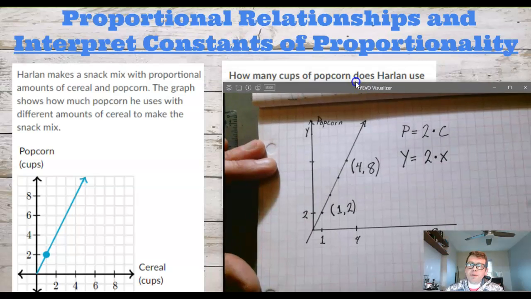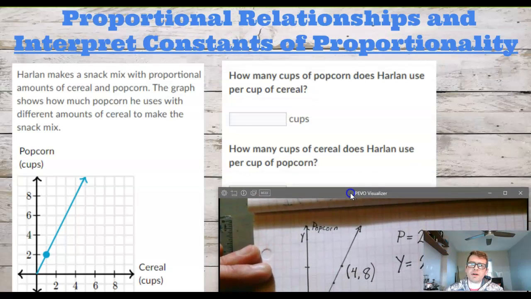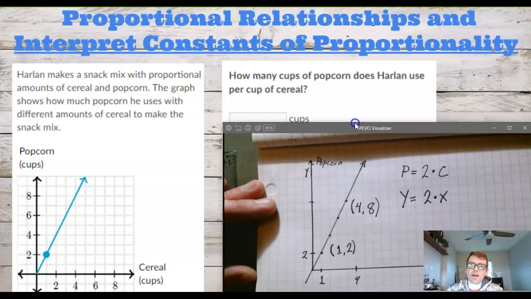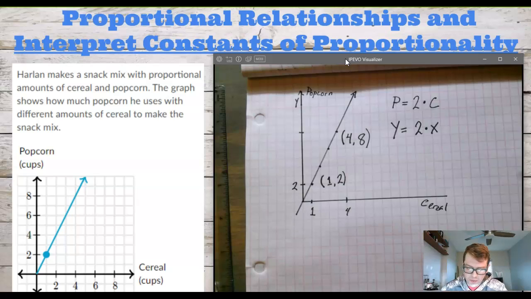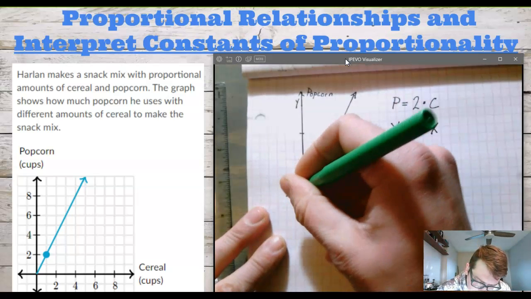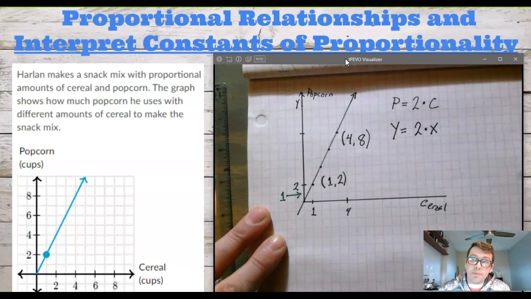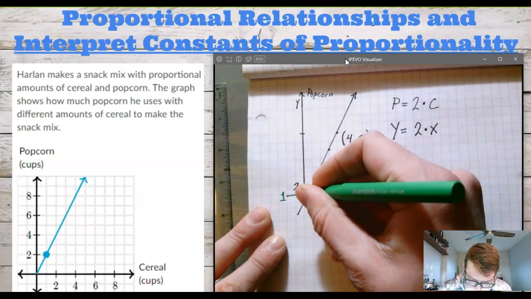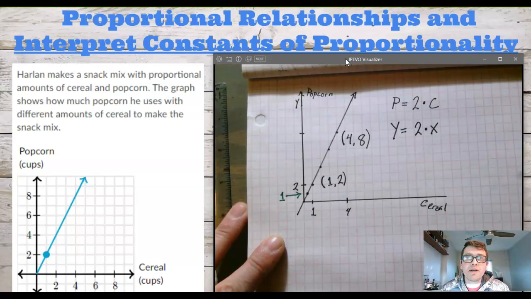But then part B asked us how many cups of cereal does Harlan use per 1 cup of popcorn? So now we're looking at 1 cup of popcorn. 1 cup of popcorn would be right here. Can anyone volunteer to tell me what that is? How many cups of cereal do we need?